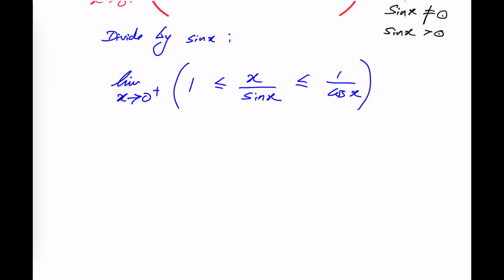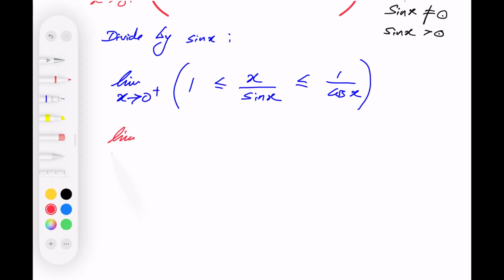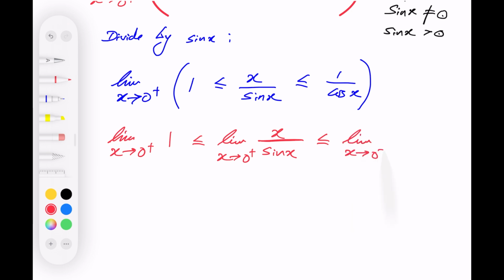When I do that, I have limit x approaches 0 from the right hand side 1 less than or equal to limit x approaches 0 from the right hand side x over sine x less than or equal to limit x approaches 0 from the right hand side 1 over cosine x.